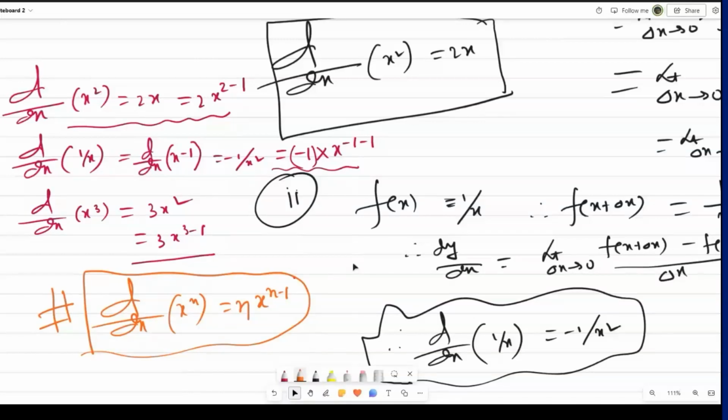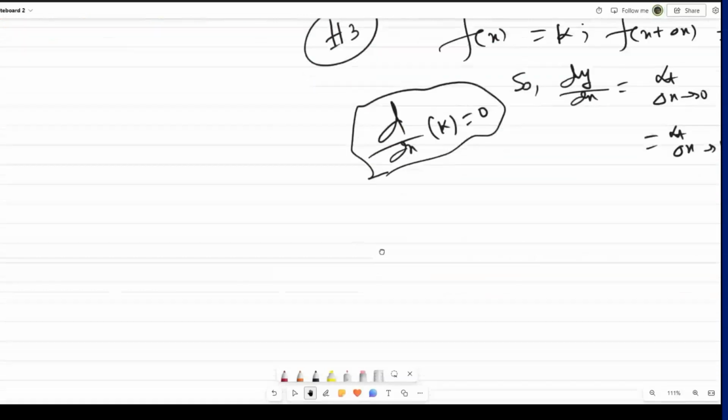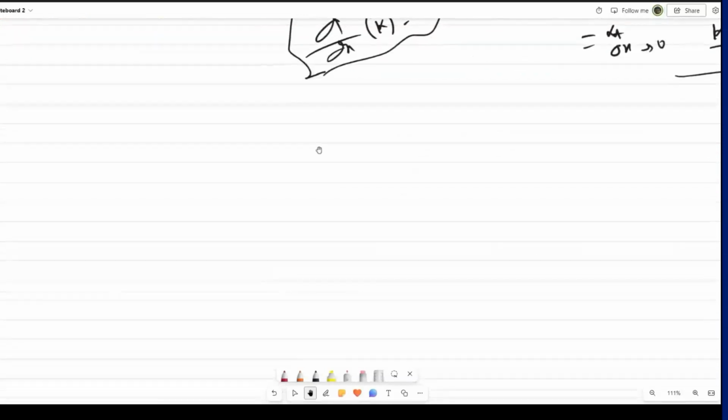I have to tell you, that's why I took 3 examples. And now I'll give you the formula list. If you derive all those by using the first principle formula, what formulas you will get, that I'm going to write. Okay? Step by step. So formulas for differentiation.